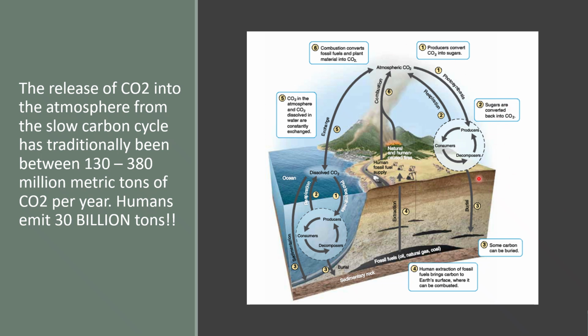And then, of course, we have a fast carbon cycle happening between photosynthesis and respiration, and then a slow carbon cycle that happens over hundreds to millions of years.